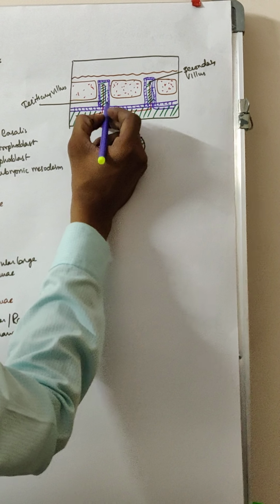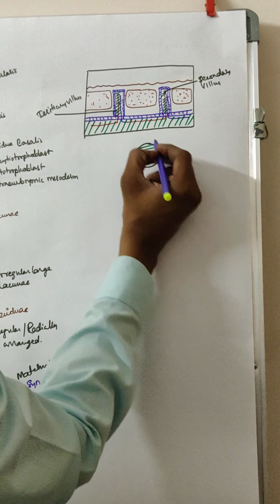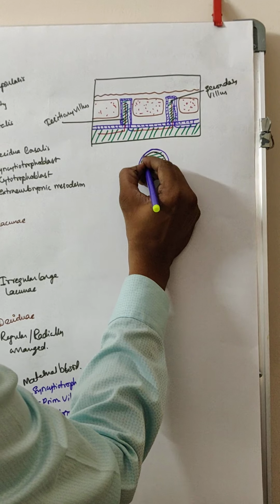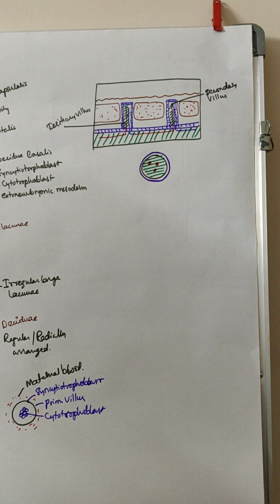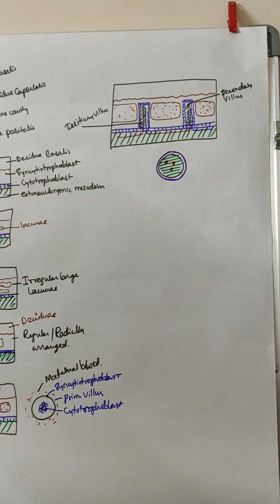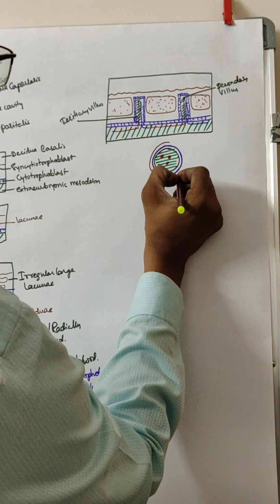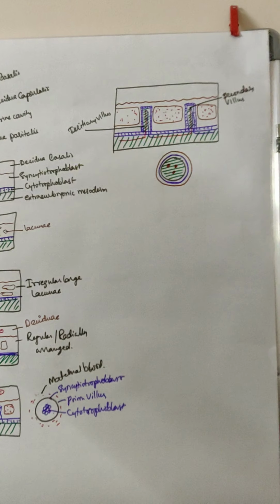So the innermost is the mesenchyme, followed by the fetal blood vessels. Then this is the cytotrophoblast, which I am drawing with the same purple or violet color. Okay, and now this is surrounded by the last one, the syncytiotrophoblast. And of course, on either side of the syncytiotrophoblast, you will see the maternal blood.